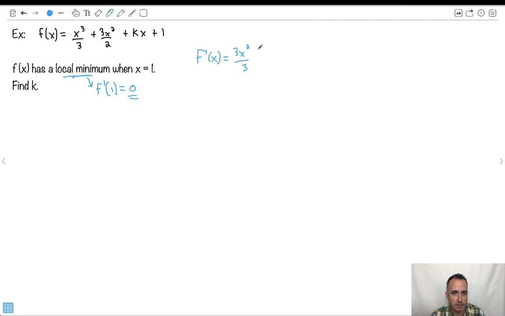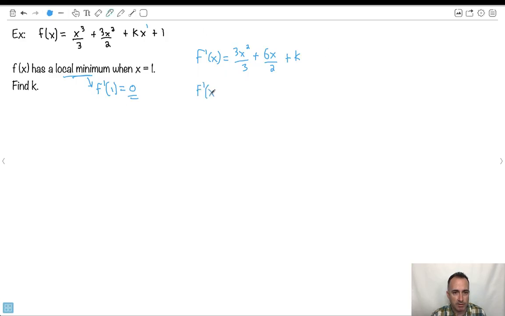This becomes 1 less. Plus 2 times 3 is 6, x to the power of 2 minus 1, which is just 1, over 2. Plus this here just becomes k, because there's an x to the power of 1, and 1 times k is just k. And this becomes x to the power of 0, which is just 1. And this one here disappears.